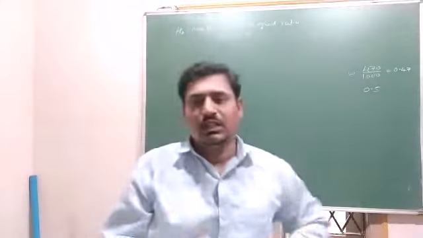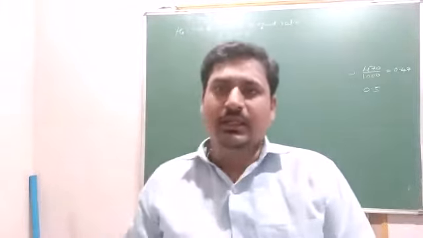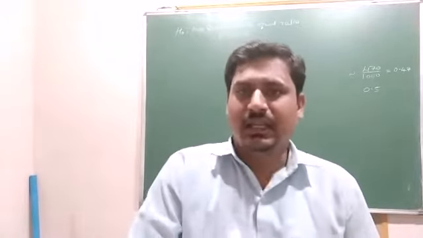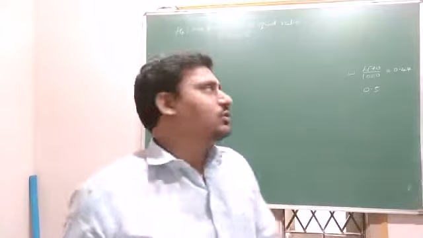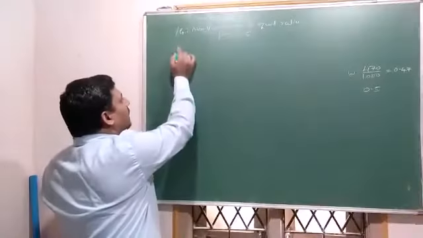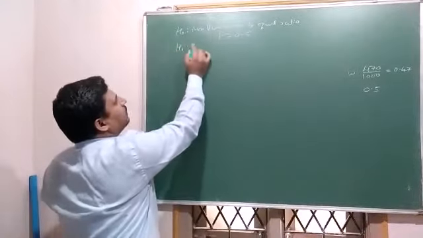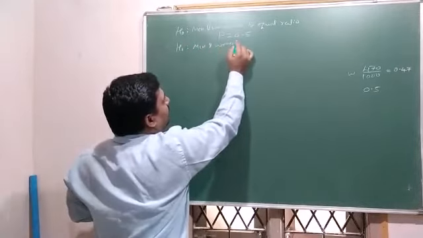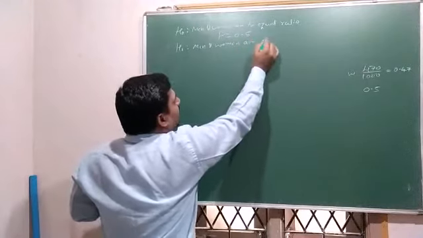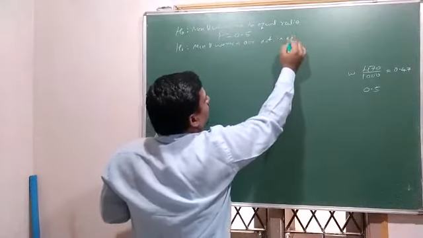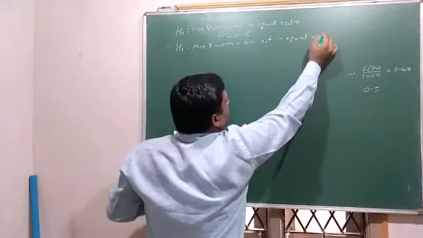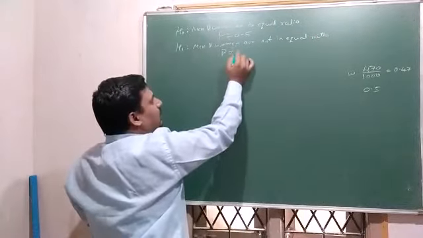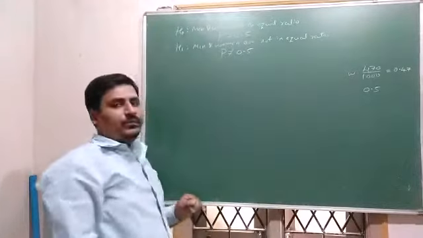In the question they have just mentioned equal ratio; they never mentioned less than or more than. So the alternative hypothesis H1: men and women are not in equal ratio, so P is not equal to 0.5.